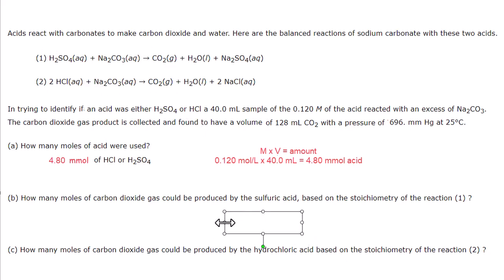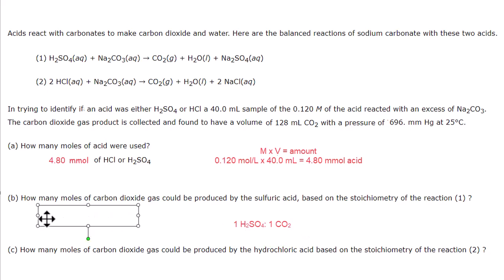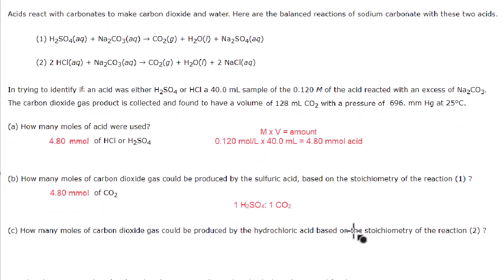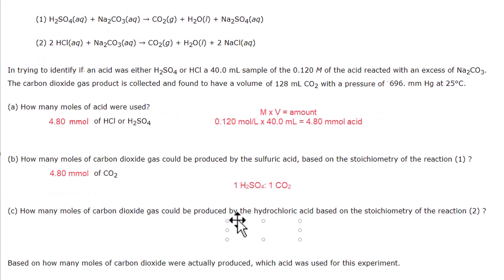If there's no limiting reactant, they're going to be the same. 1-to-1, and this will be an easy answer, the same 4.80 millimoles of CO2. Next, we'll figure out the same thing for the hydrochloric acid. How many moles of carbon dioxide are produced by the hydrochloric acid that we know we have 4.8 millimoles of? Well, here's our relationship, 2 HCl's and 1 CO2.